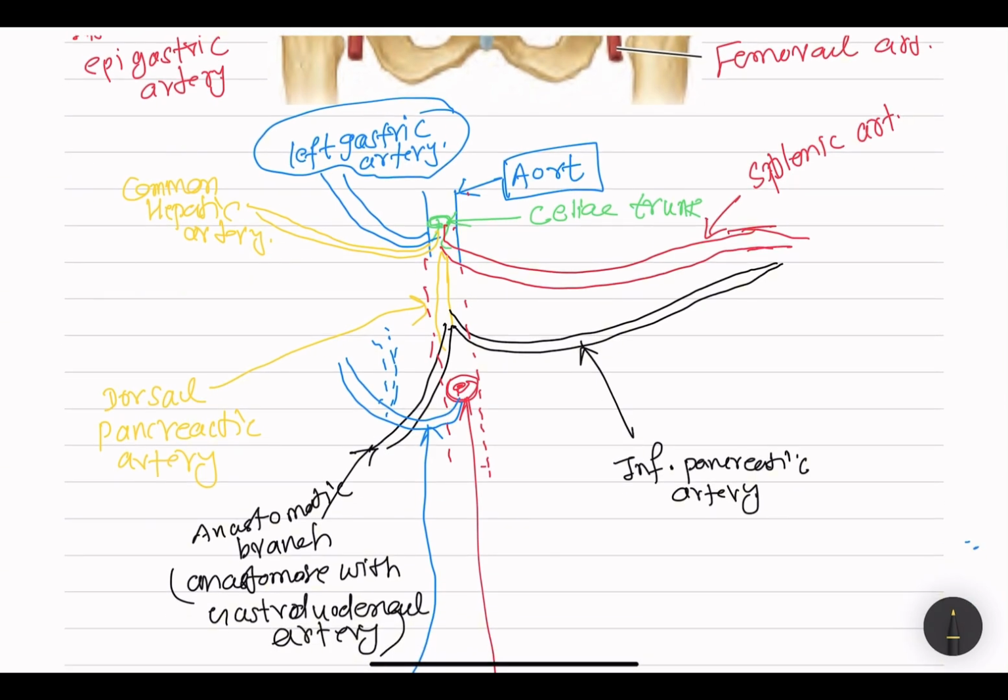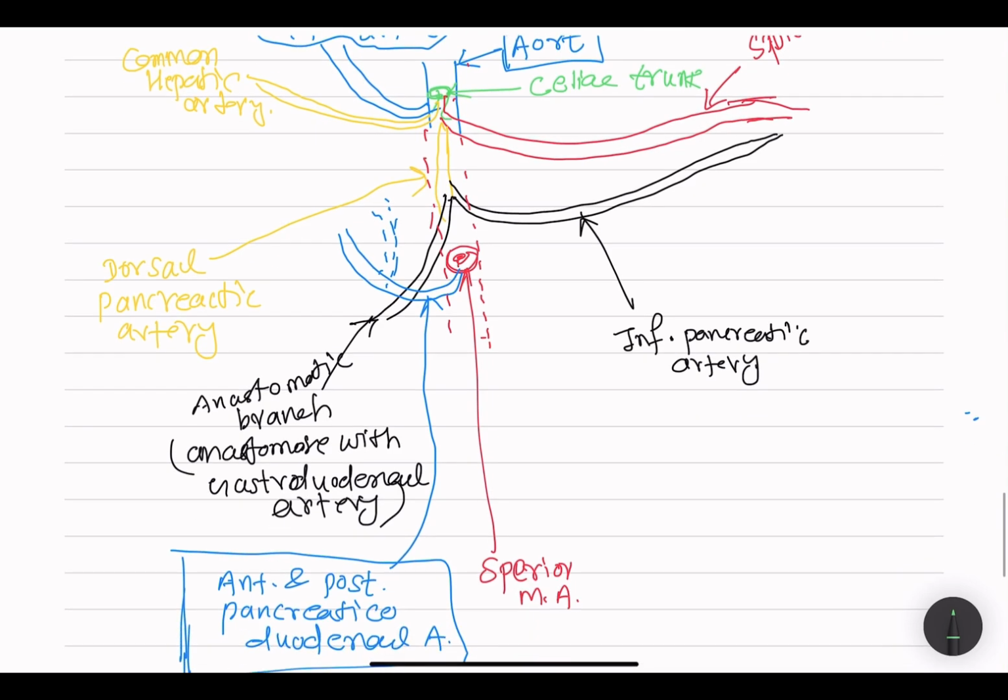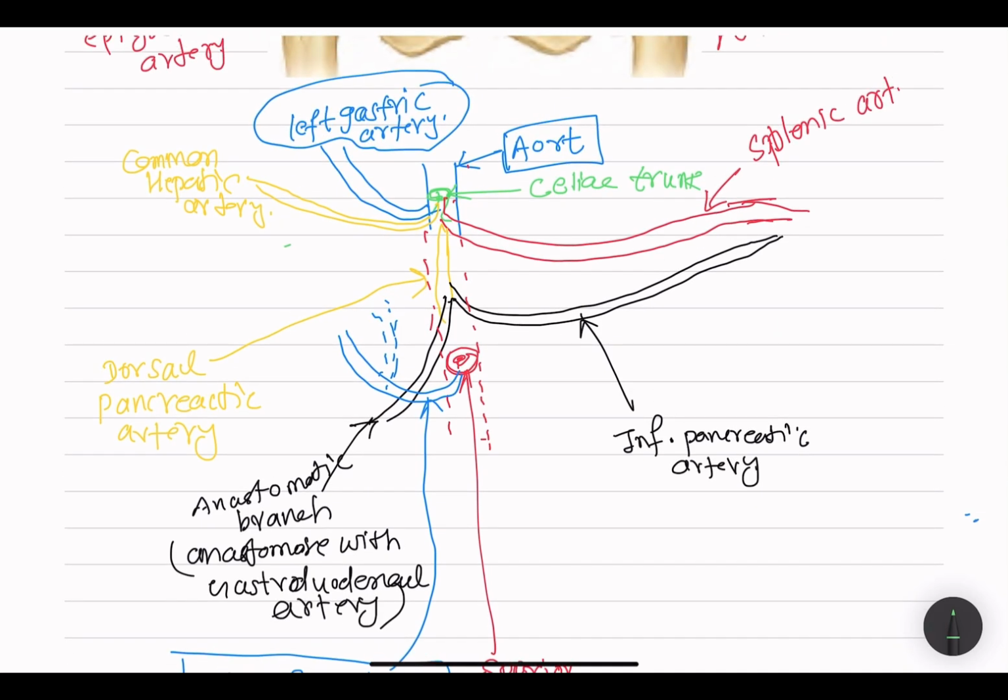For now, we have to focus on our pancreas. Same like here, the anterior and posterior pancreaticoduodenal artery is coming from the superior mesenteric artery. It's the same, the anterior and posterior, it's coming from here. Suppose the dotted one is the posterior, which anastomoses with the posterior part.